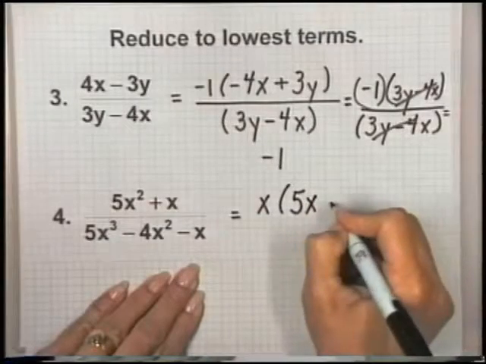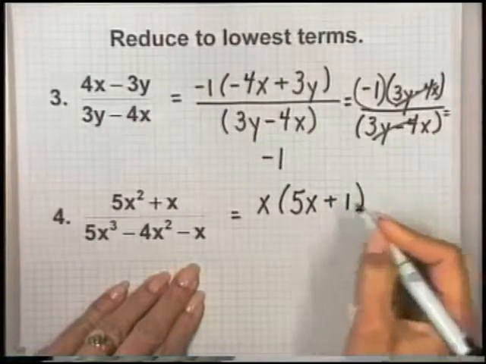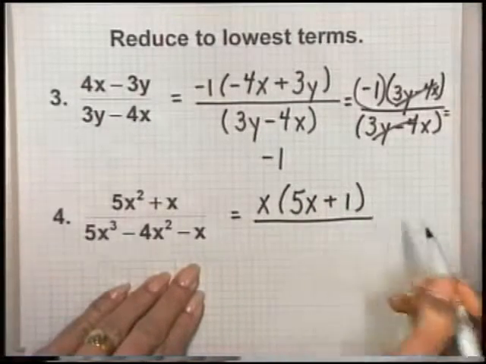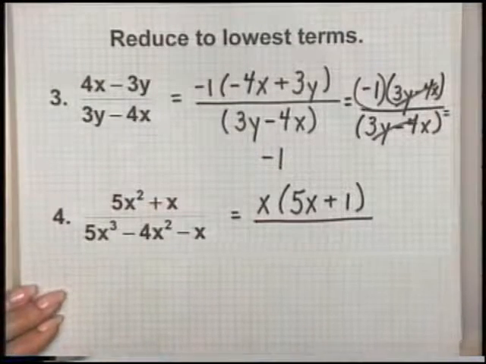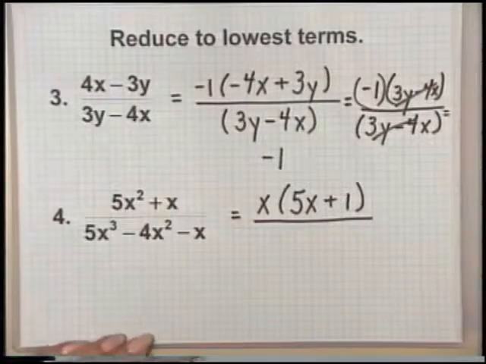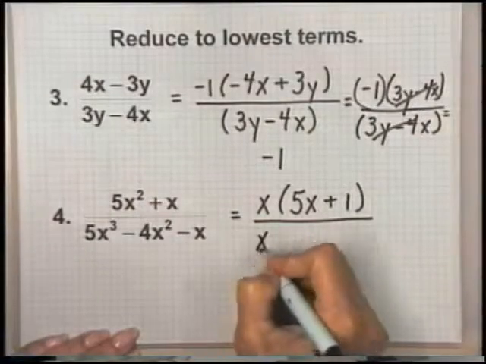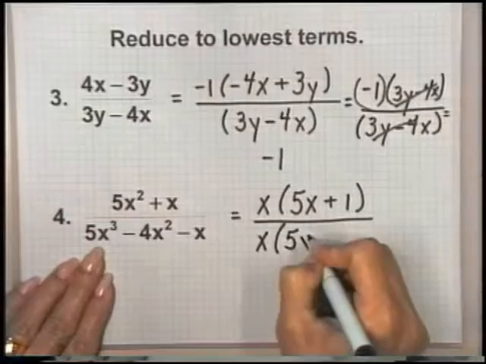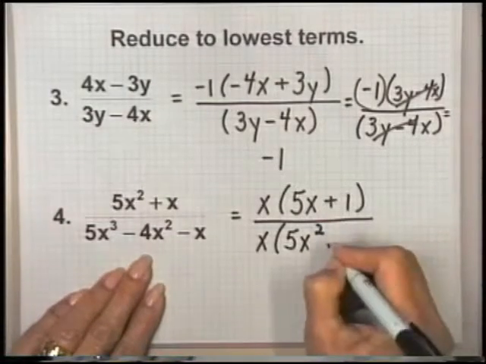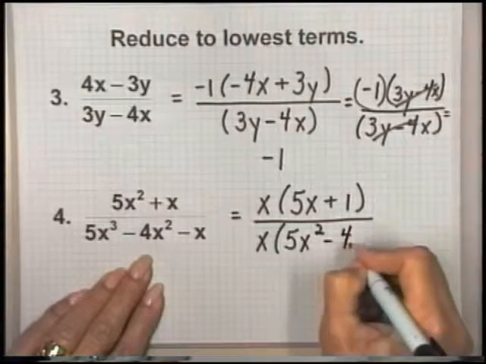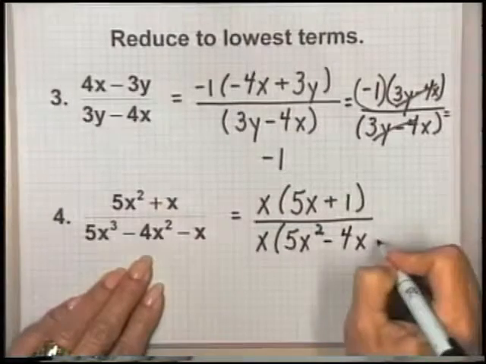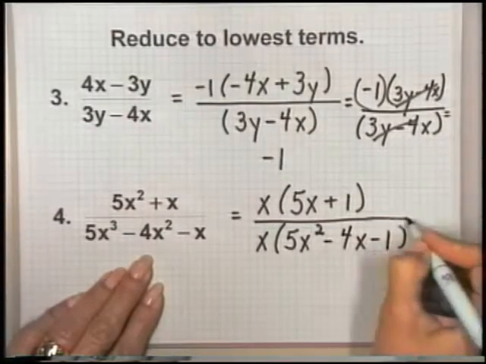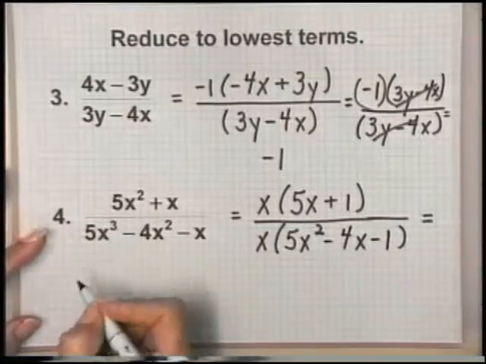We're left with 5x in the first term plus 1 in the second term. In the denominator, we have a common factor of x. In the first term, we're left with 5x squared. In the second term, subtract 4x. In the third term, subtract 1.